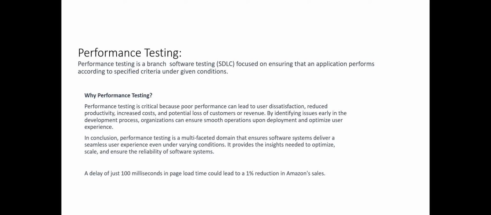And the second key reason why we do performance testing is, if an application is built which performs poorly, nobody's going to use it, right?